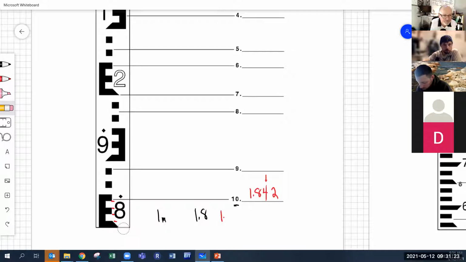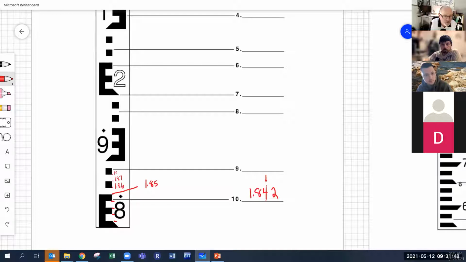Okay. Let me just move that out of the way. So we'll count up this. So this would be one right here. This location should be 1.85. One right there is 1.86. Right there, 1.87.